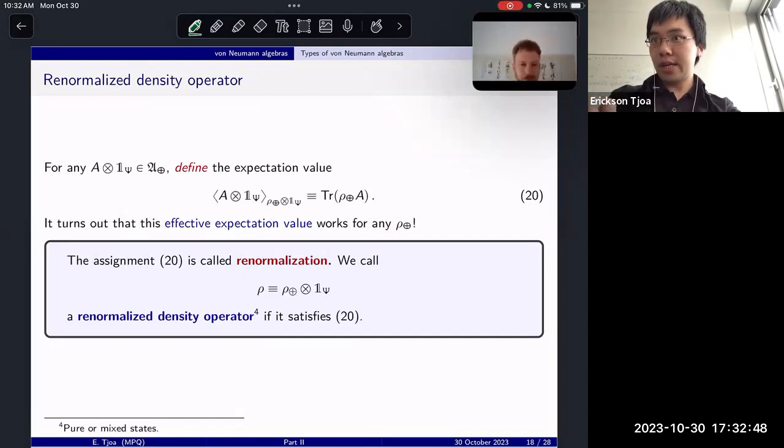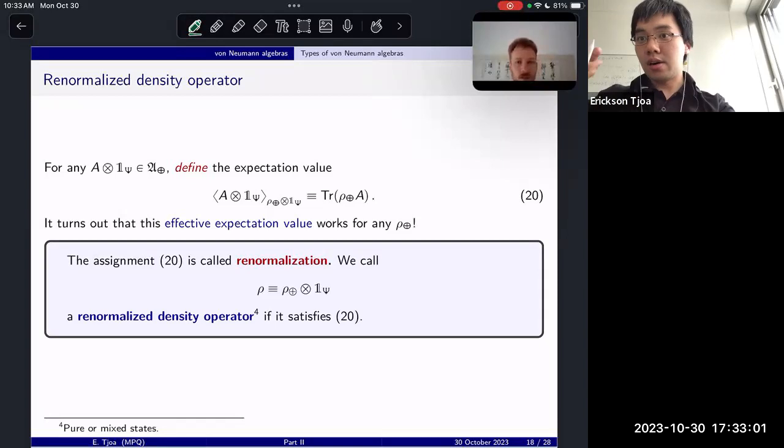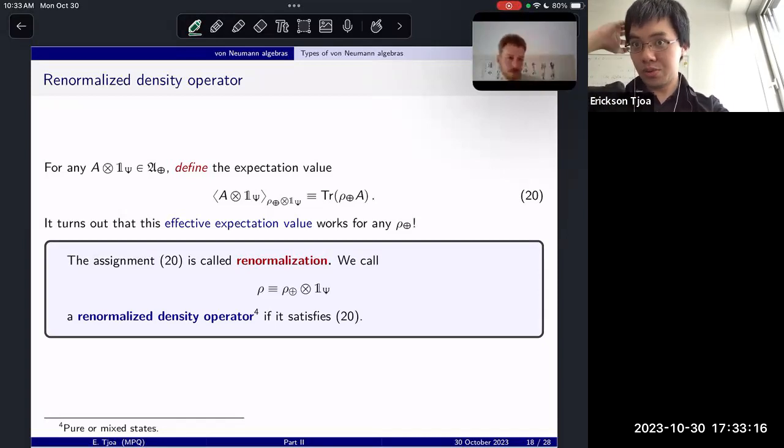You can just pretend it is finite dimensional, take the trace, and you can consistently make this definition. In fact, you can vary rho and you can vary A to span the whole bounded operators, and this still works. So really, what this is telling you is that you can still consistently assign what we call an effective expectation value on such an operator, even though we don't have access to the other side.